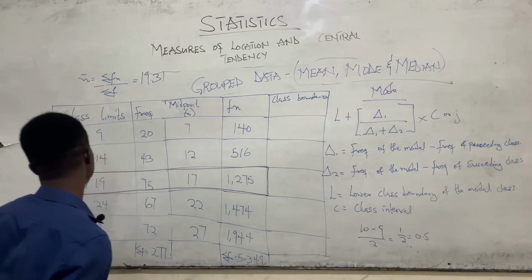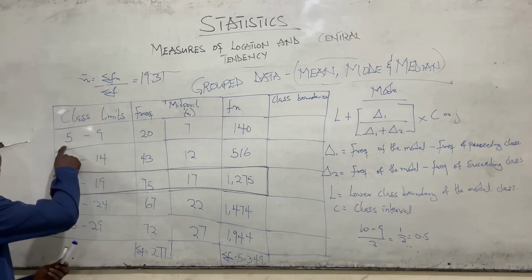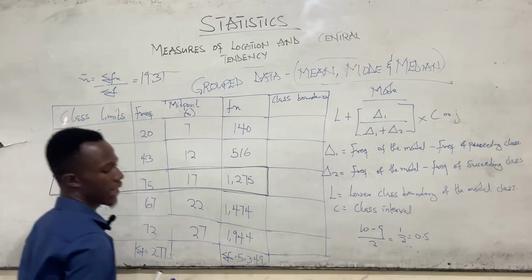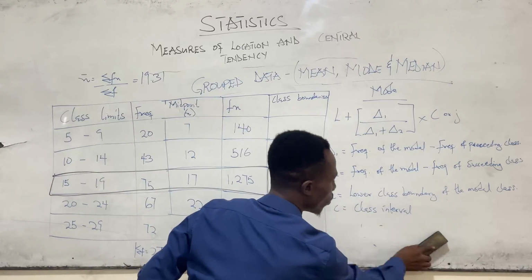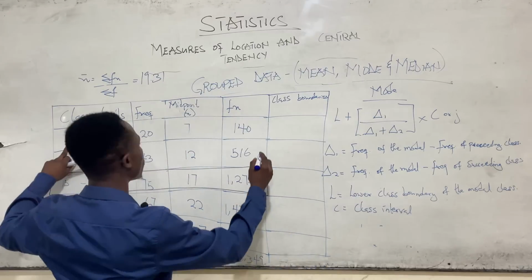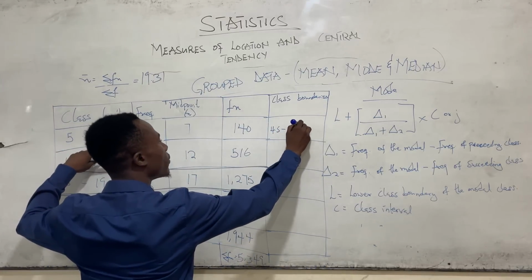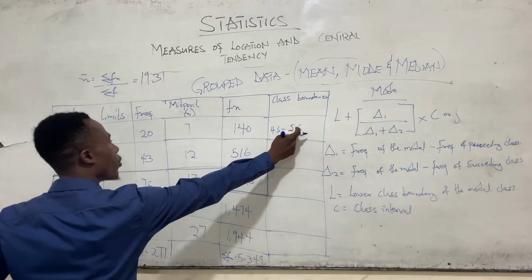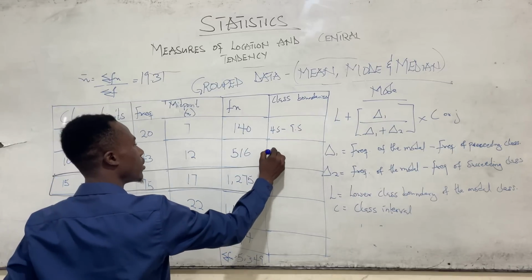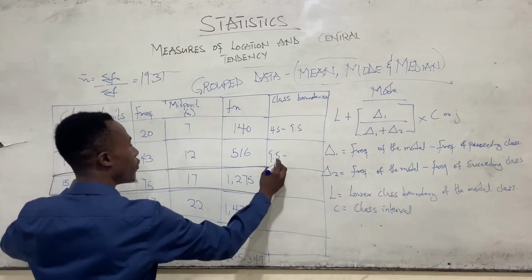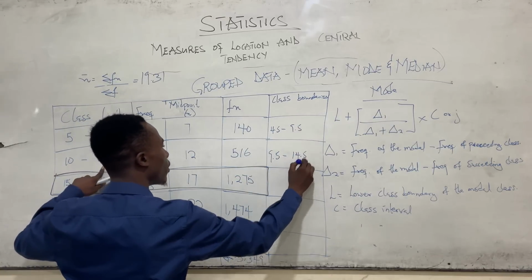So the boundary is 0.5. Now you subtract 0.5 from here, you add it to this side. So you subtract 0.5 from here, you get 4.5 to 9.5. And this now, 9.5 to 14.5.